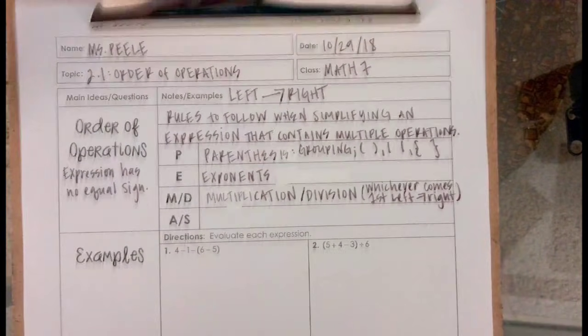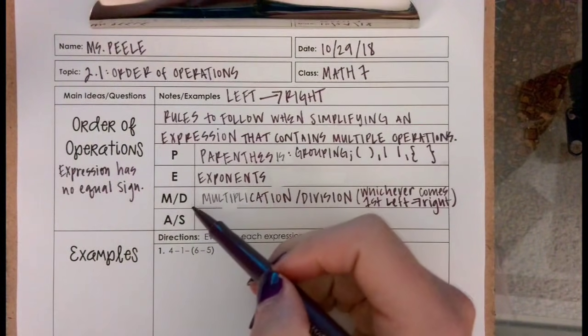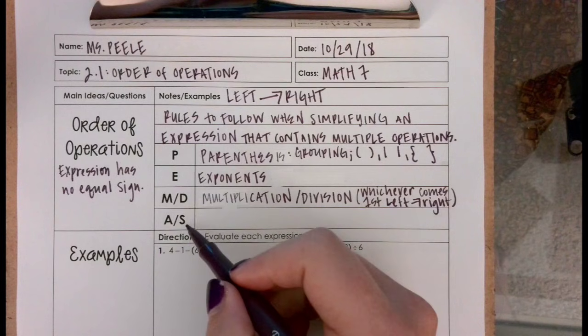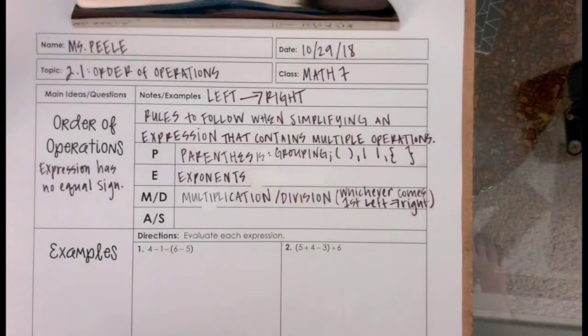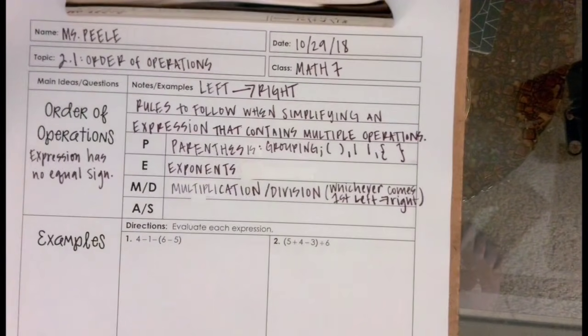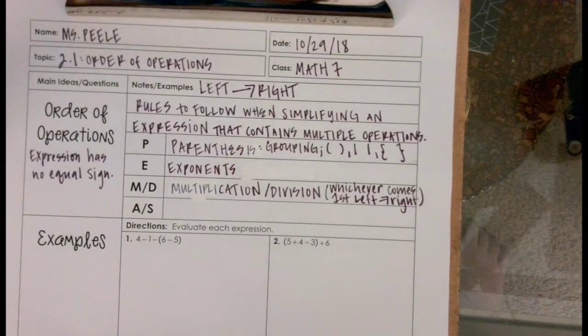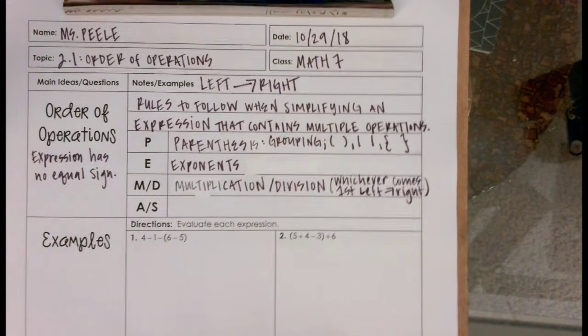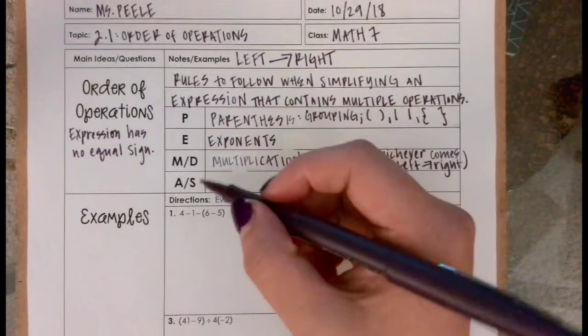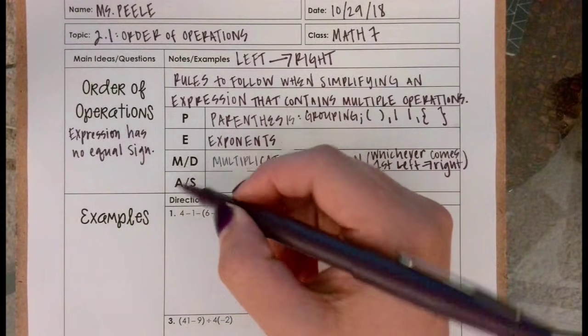Now the same thing goes. So after we finish parentheses, exponents, multiplication, and division, the next thing that we're going to do is addition and subtraction. So if we're dealing with addition and subtraction next, the slash means the same thing.